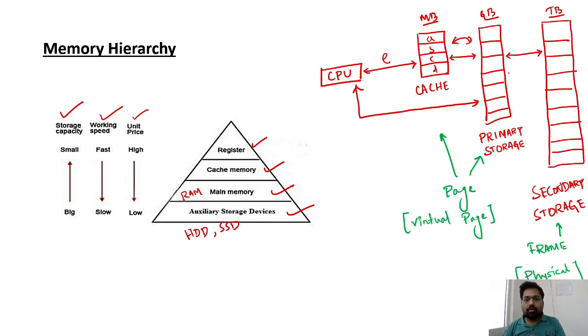If the data is not available in RAM, it will ask the HDD. Again, the page replacement will be done between secondary memory and primary memory. Definitely secondary memory should have the data. If it does not, the CPU will be told that the data is not available. In this way we are just connecting with the theme first.